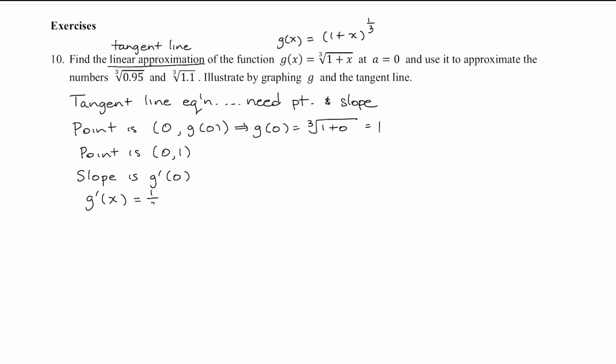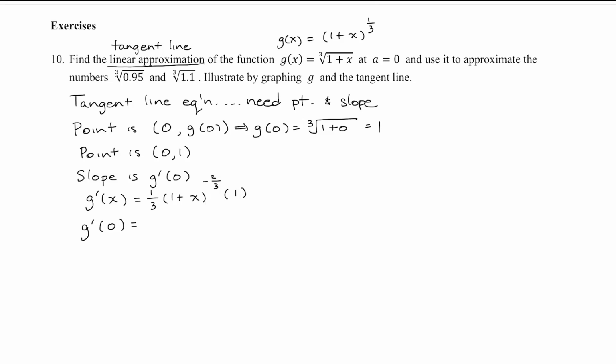So I could write my g of x as 1 plus x raised to the 1/3 power. So g prime of x, using the chain rule, I bring my power 1/3 down. I rewrite my base function to one lower power, and 1/3 minus 1 is negative 2/3. And then I multiply that by the derivative of the base function, which in this case is 1.